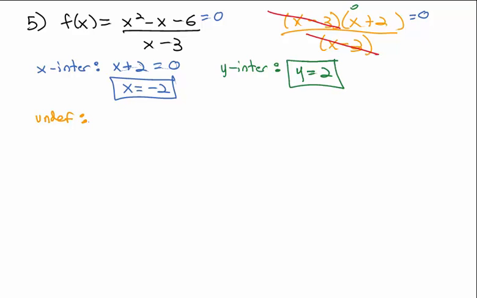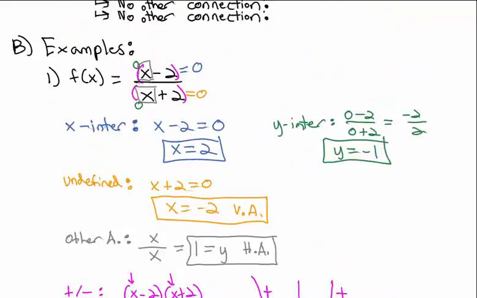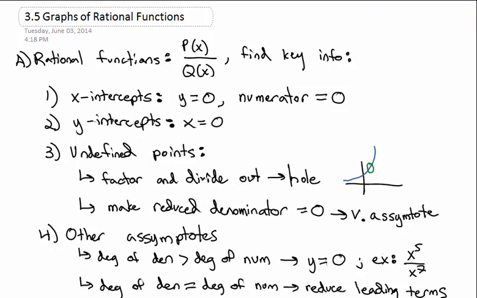Our undefined points are when the denominator equals 0. But notice, after we reduce, there's nothing left in the denominator. This means we don't have any vertical asymptotes. However, we still have an undefined point. This is the piece we don't use very often, but when we do, it becomes important.